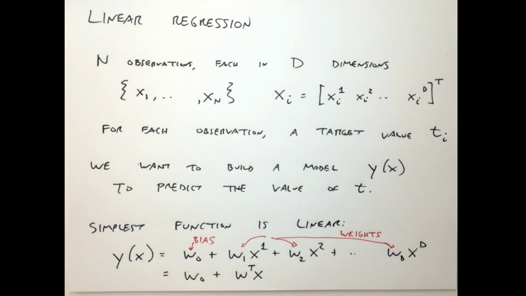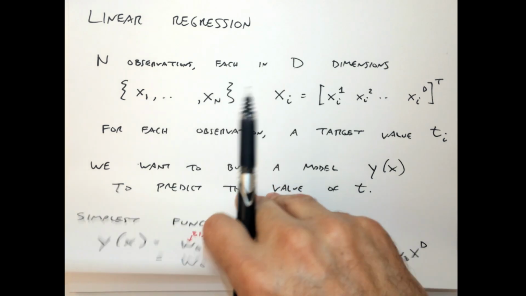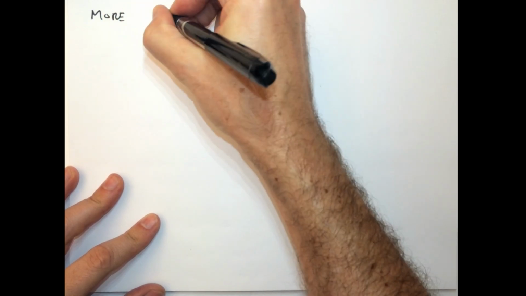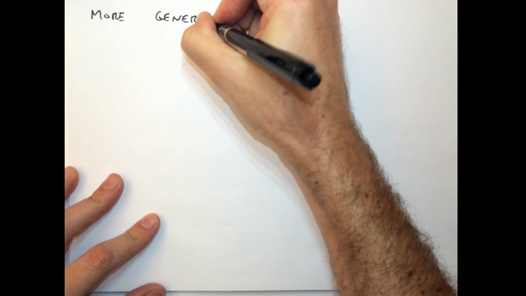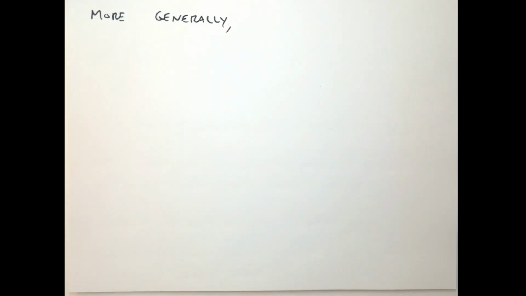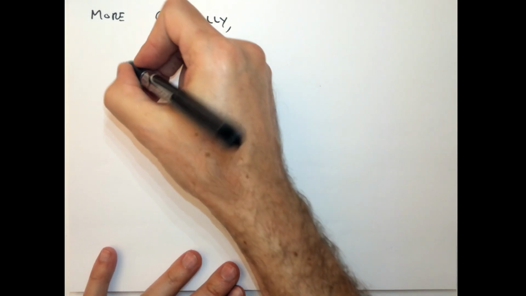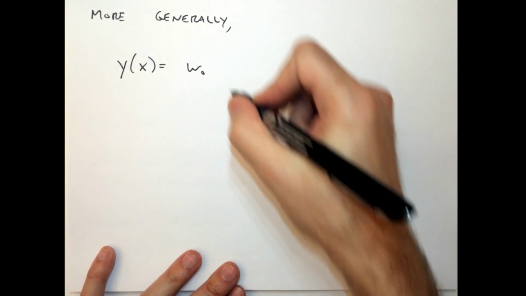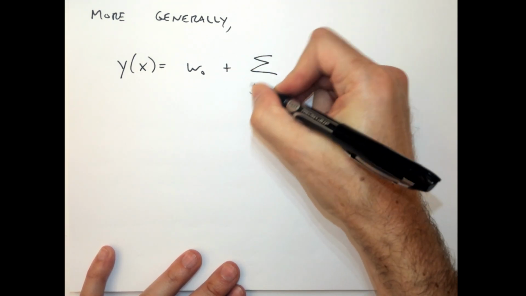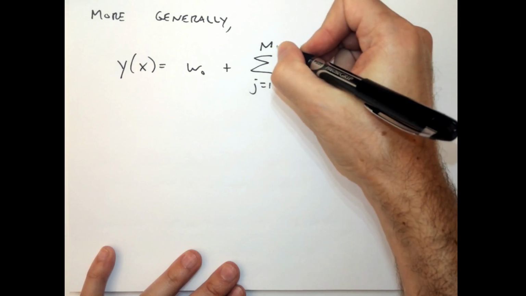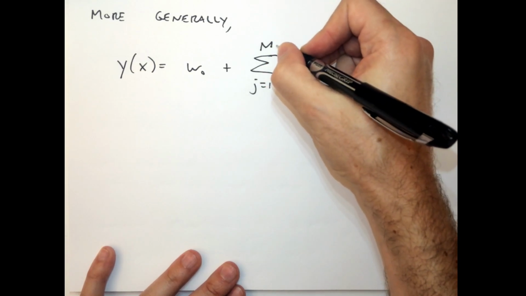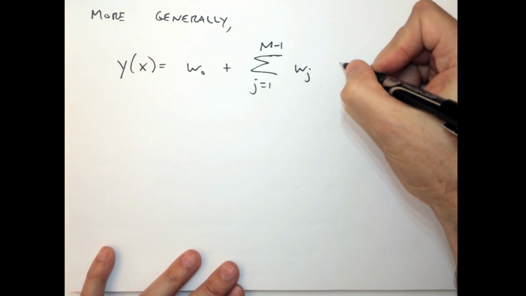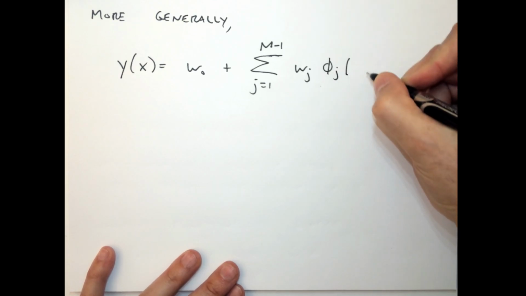So we're going to change it up and say, more generally, our linear regression model looks like this. The model is, again, some bias term plus the sum, and I'm just going to have this over m-1 for the moment, of some weights times some functions.